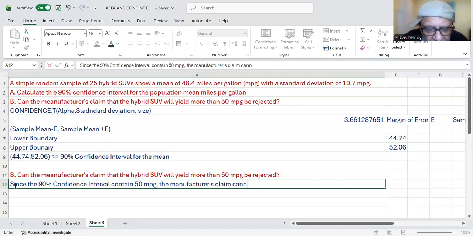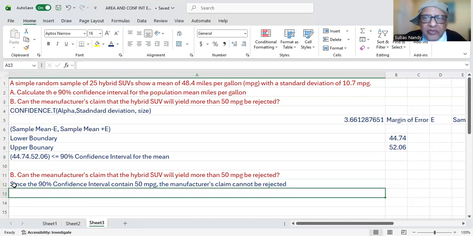So that is the answer to part B. 50 is inside the 90% confidence interval, so the manufacturer's claim of 50 miles per gallon cannot be rejected.